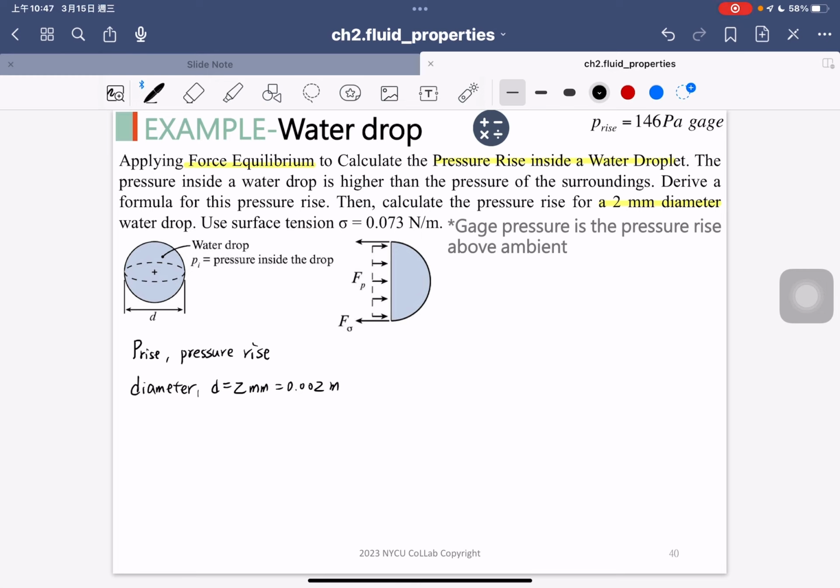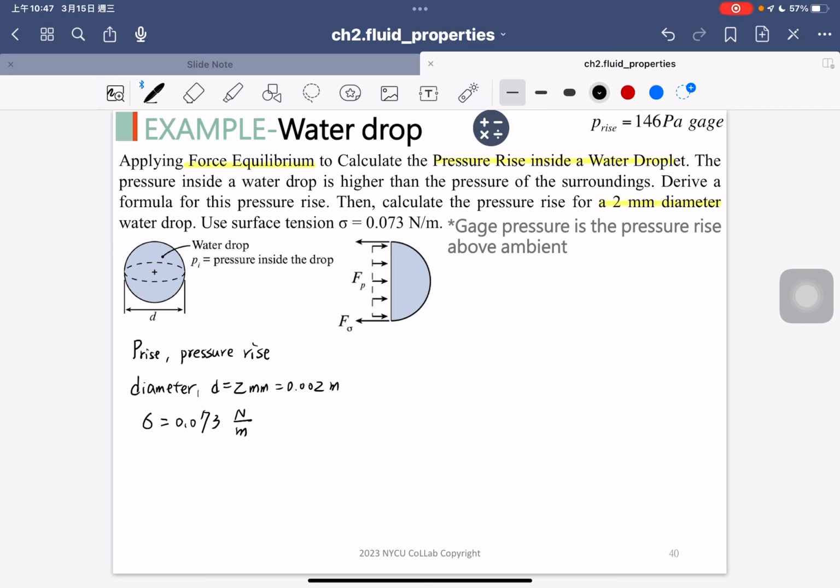Okay? And we actually know the surface tension for water at maybe room conditions. Surface tension is equal to 0.073 Newton per meter.